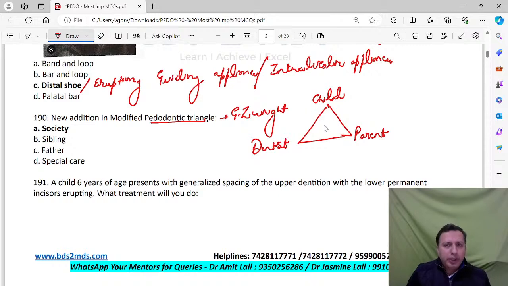Now the fourth component that has been added to this pedodontic triangle was society. Okay, the fourth component that has been added to this pedodontic triangle is the society.